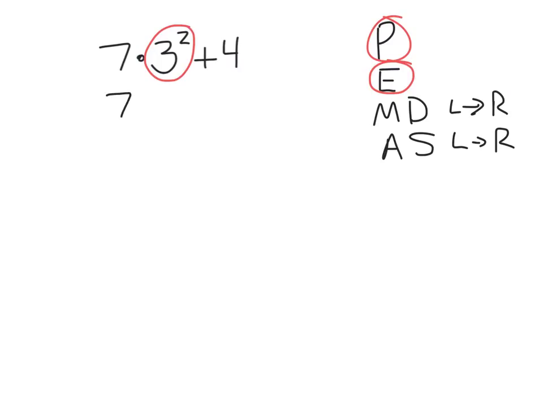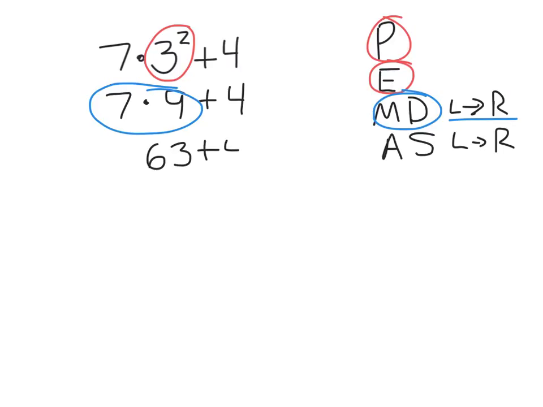So we leave the 7 and the multiplication symbol. 3 squared means 3 times itself, which is 9. 3 times 3 is 9, plus 4. The next thing we need to do is multiply or divide from left to right. We do have a multiplication problem right here, 7 times 9. 7 times 9 is 63.